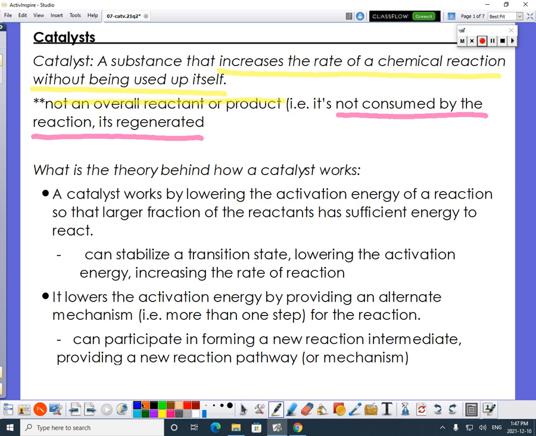So the way that we are going to figure out how that works in a mechanism, it'll be a reactant in one step, and then a product in a later step.